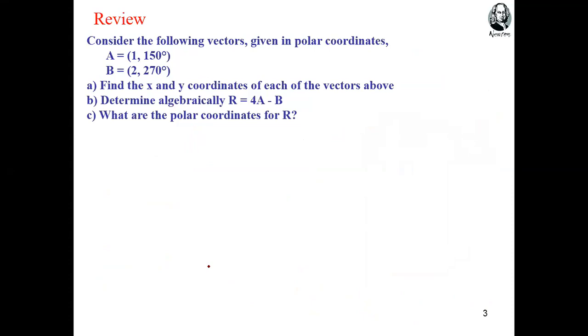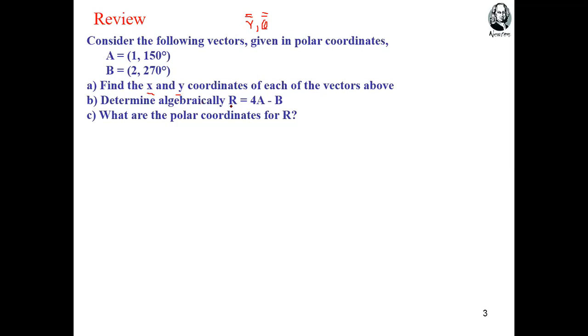Okay, I also solved one question in our uploaded video, so I will discuss another example. Two vectors are given, but these are actually in polar coordinate form. In polar coordinate form, r and theta are given, where r is the magnitude of a vector and theta is the angle. A vector is given, B vector is given, with magnitude and angle. First, find the x and y components.